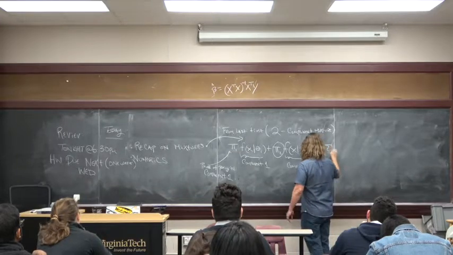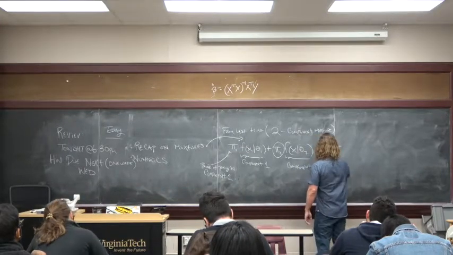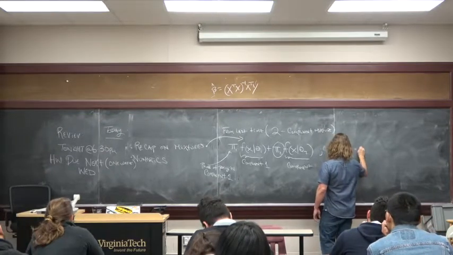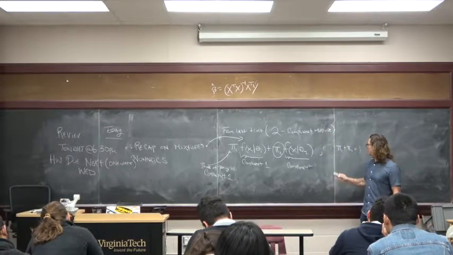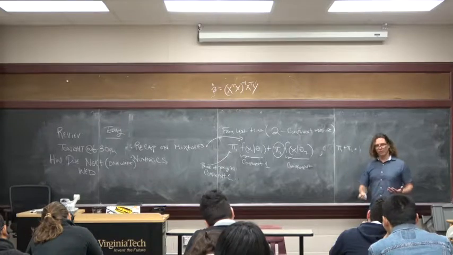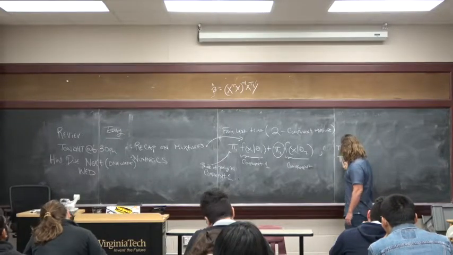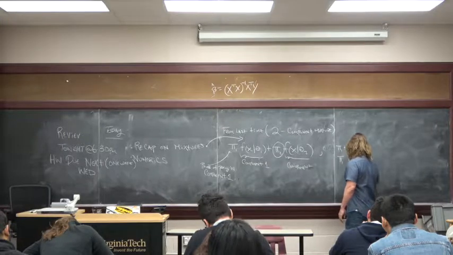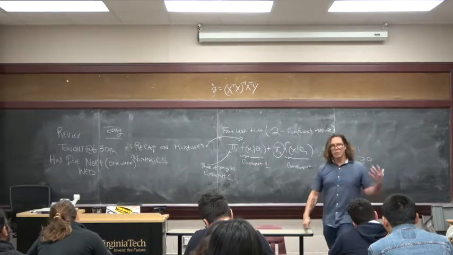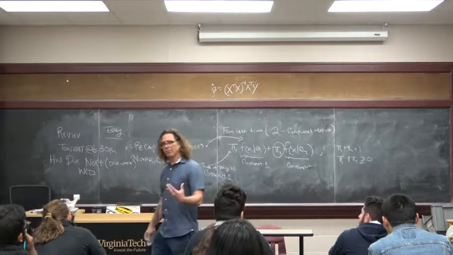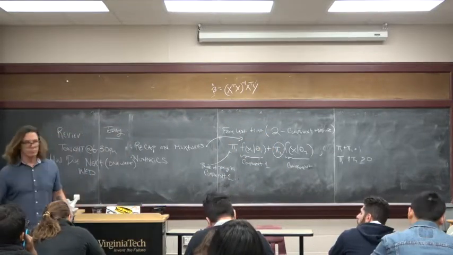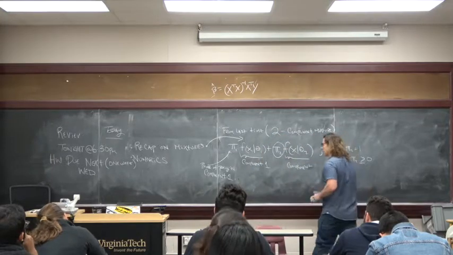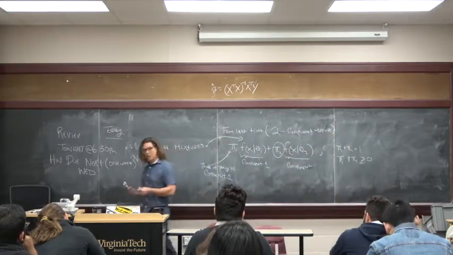And so I'll write down pi 1 plus pi 2 is equal to 1. By virtue of them being probabilities, these pi i's are also positive. So pi 1 and pi 2 are probabilities, so they're greater than or equal to 0. I wouldn't put in that they're equal to 0. That would compress this to a 1-component model. So let me just extend the notation a little bit. And I'll write down a K component.